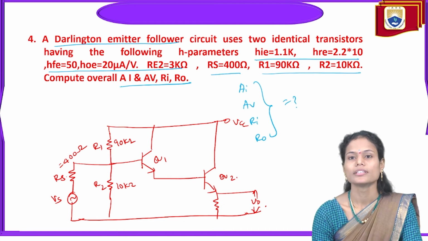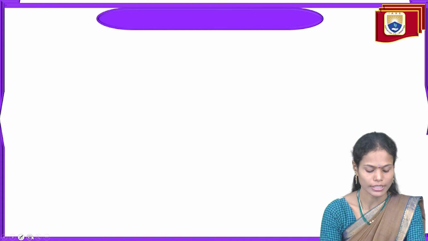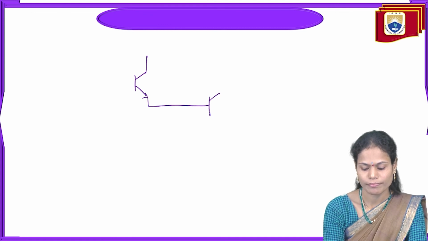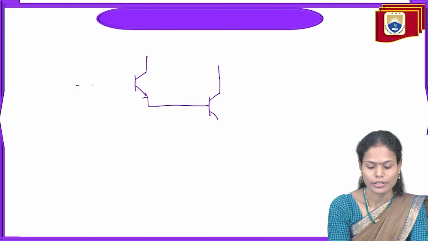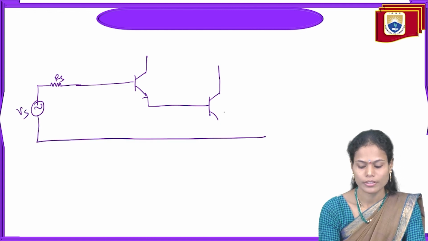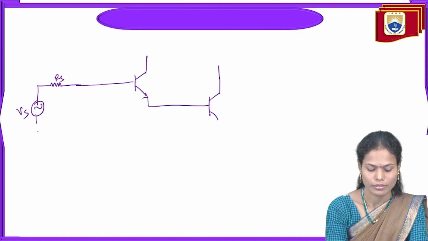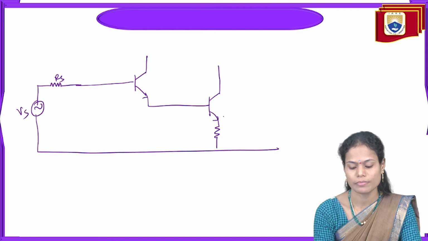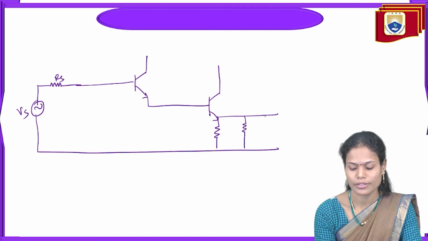To calculate the amplifier parameters, I'm drawing the equivalent circuit with the two transistors. The input is connected only to the source resistance RS. We have the emitter resistance and two potential divider resistances, and we measure the output voltage here.